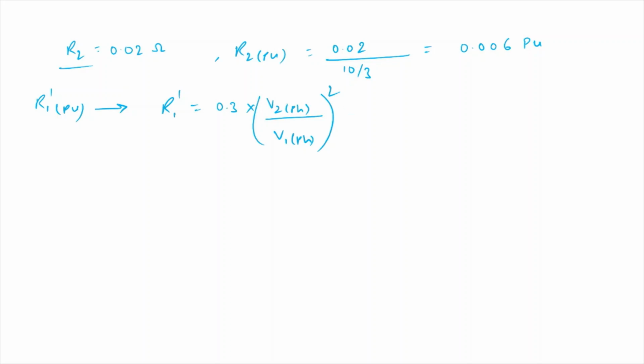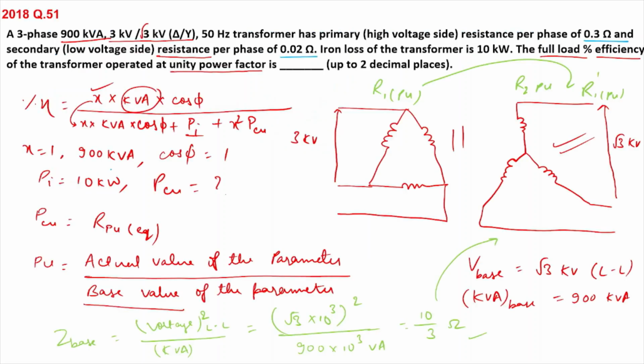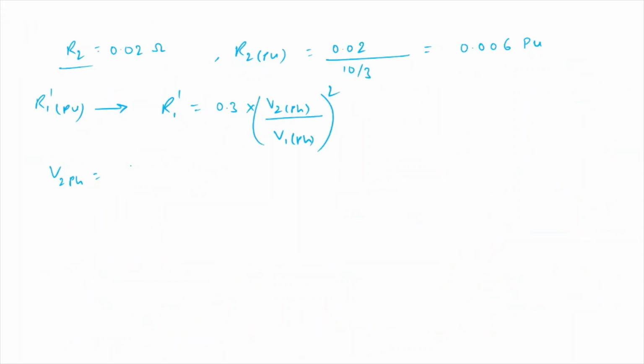So V2 phase voltage is root 3 kV, the line value. Since the secondary was connected in a star, to calculate the phase voltage, we have to divide it by root 3.